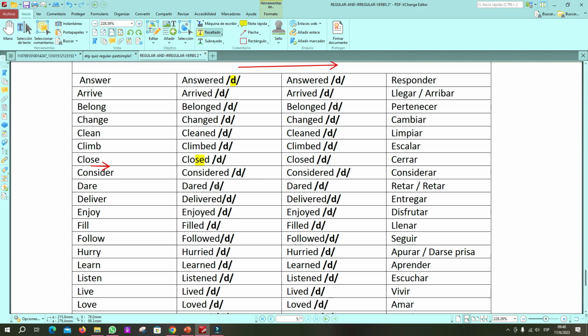Excellent. That is the D sound, right? Just this one, Jackie, closed. Remember that is like Z sound, right? Perfect. Very good, Miss Jackie. That's great. So that is like the ED sounds like D, filled, followed, hurried.